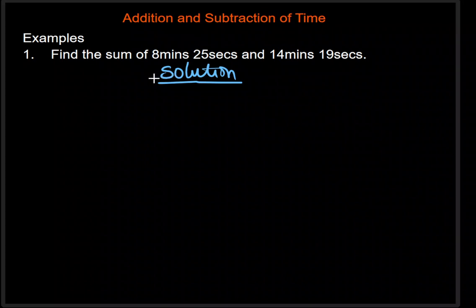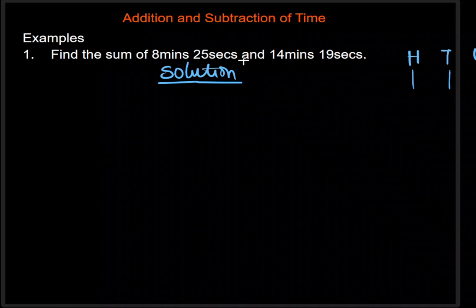Alright, so what we do is break this into the different units that we have. Just like when we want to add, we have maybe hundreds, tens and units. These are the different place values.